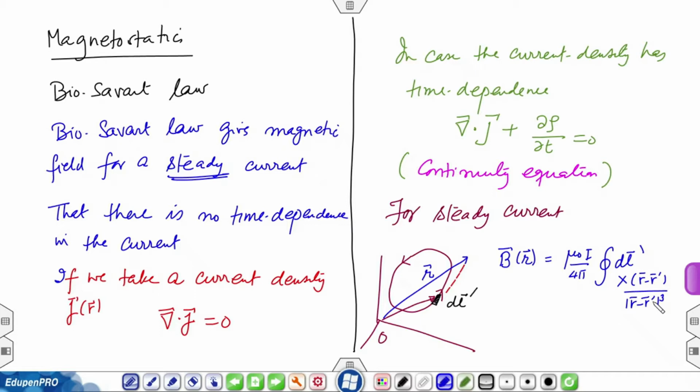So, notice, as I said earlier, now we are dealing with a cross product. All right, let me write this clearly in the next slide.